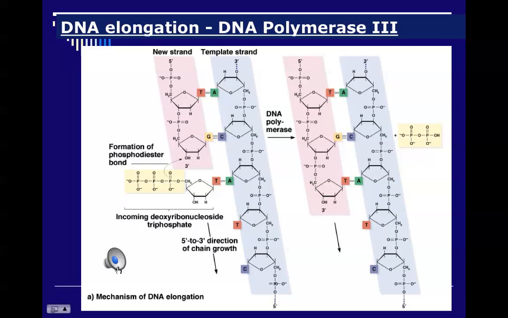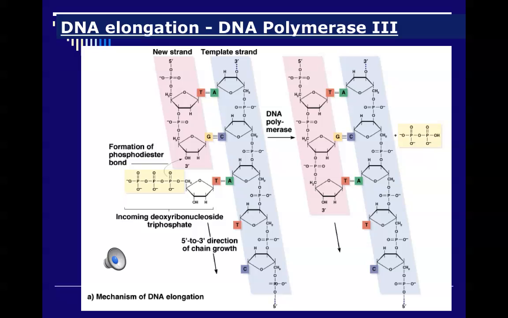So here we have a close-up of this elongation phase, of the fact that DNA polymerase III is pairing up the ideal, proper, complementary nucleotides from the new strand, bringing it and lining it up with the original template strands.